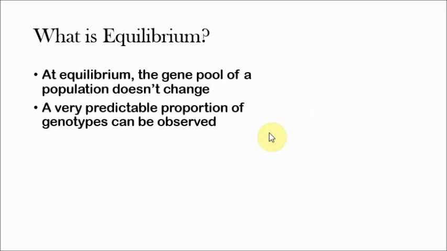The interesting thing about Hardy-Weinberg equilibrium is that when the population is in equilibrium, there's a very predictable proportion of the genotypes, and this can be observed using several equations that were actually discovered by these two biology people, whose last names were Hardy and Weinberg. That's where this equilibrium gets its name from. You don't need to know that, but that's pretty cool, I think. Anyway, these equations are what are used in Hardy-Weinberg equilibrium.